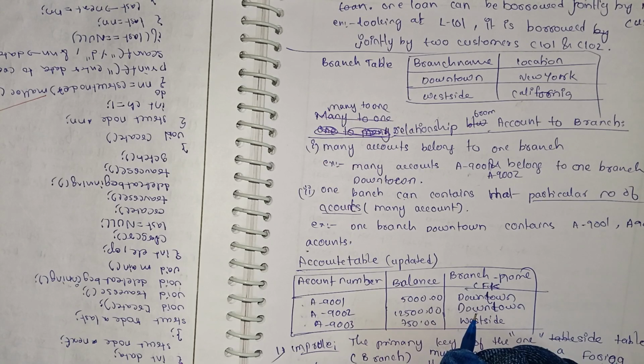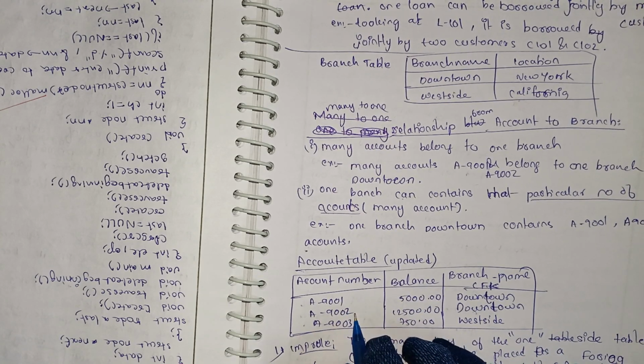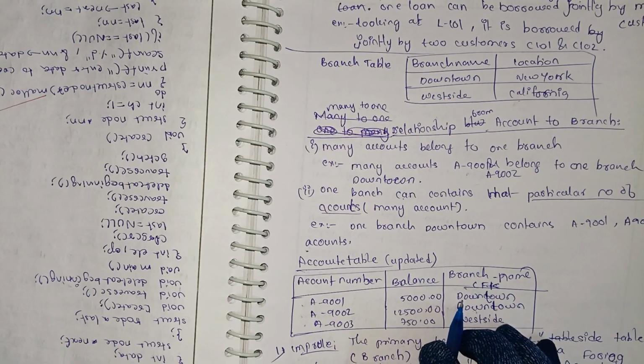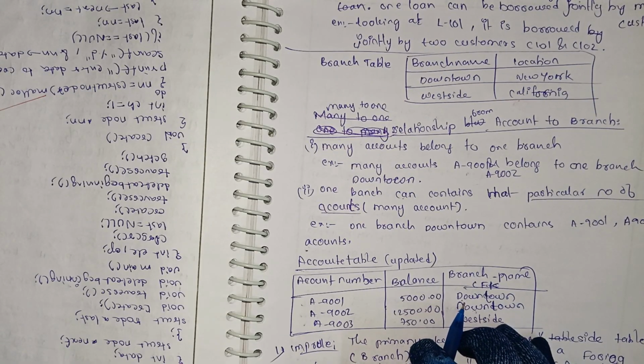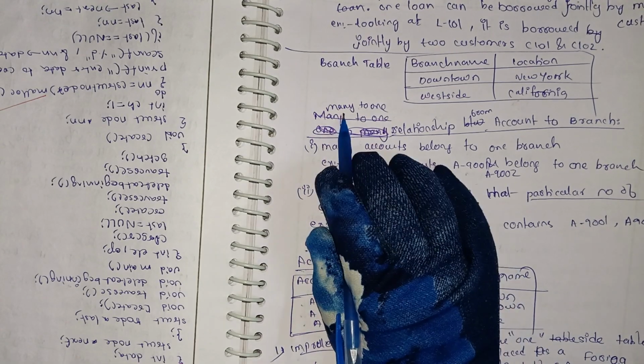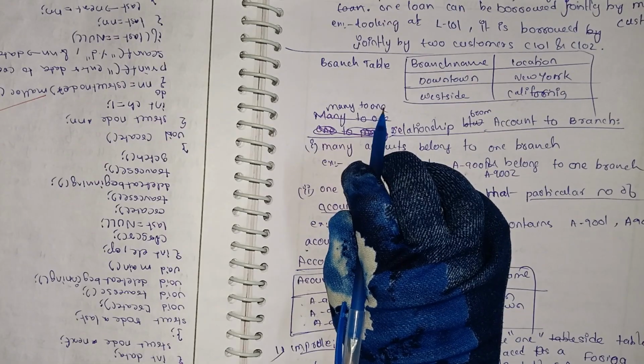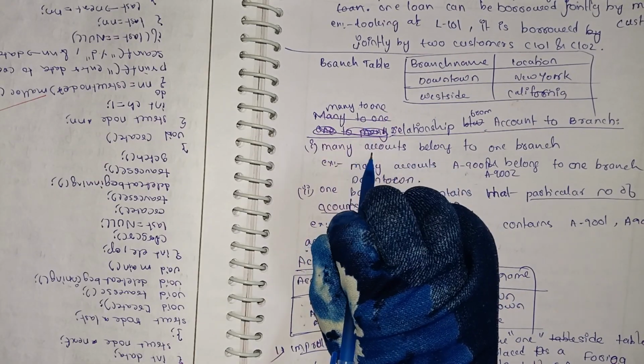Branch name is downtown. These multiple account numbers belong to only one branch name. That's why here many accounts belong to one branch. This is the many to one relationship statement we have stated here.